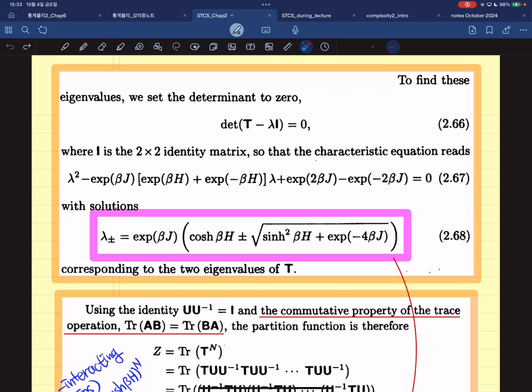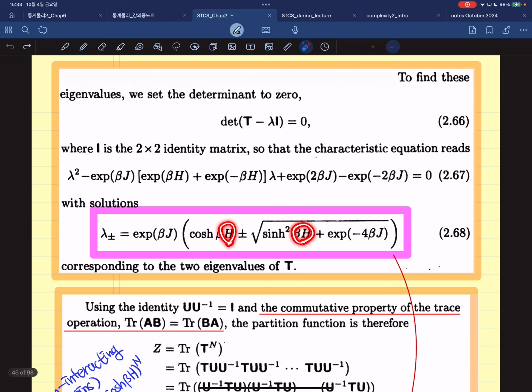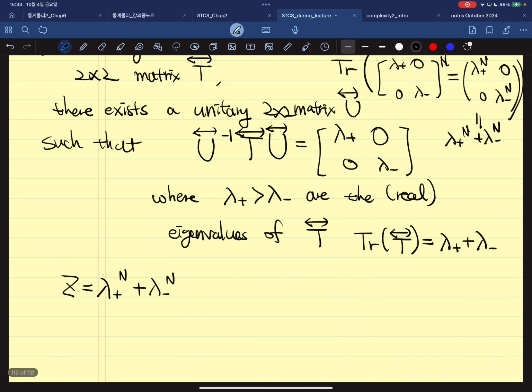In this case, this one becomes 0 and this one becomes 0, so it will disappear and this becomes 1. So lambda plus here becomes exponential beta j. Let's assume this limit, and this one becomes 1 plus or minus the square root of exponential this one.